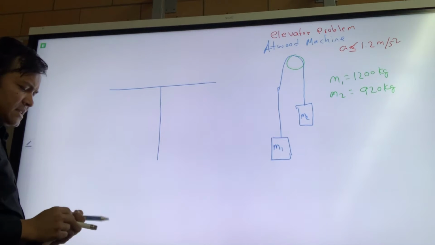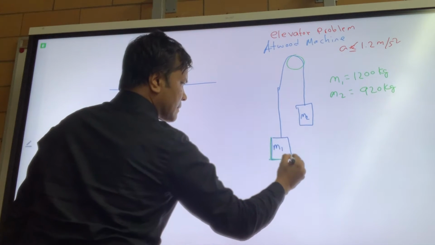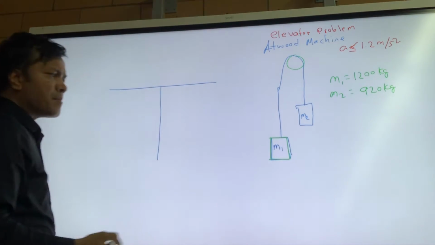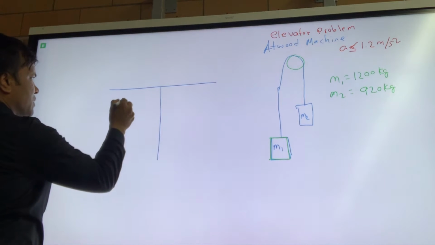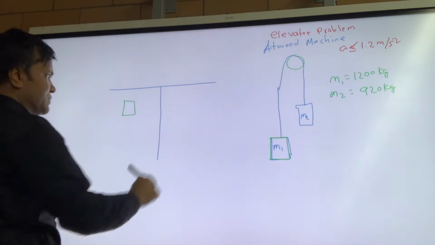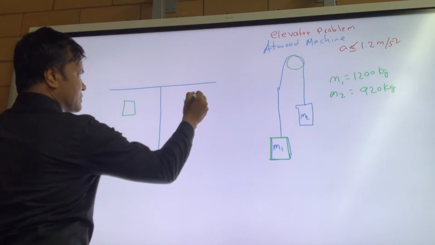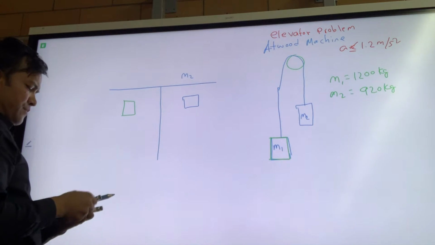Mass 1, I'm going to color differently. Mass 1 is green and mass 2 is blue. So this is mass 1 and this is mass 2.